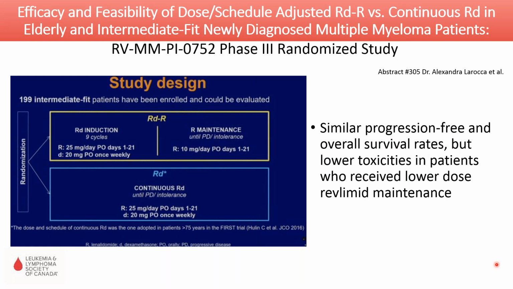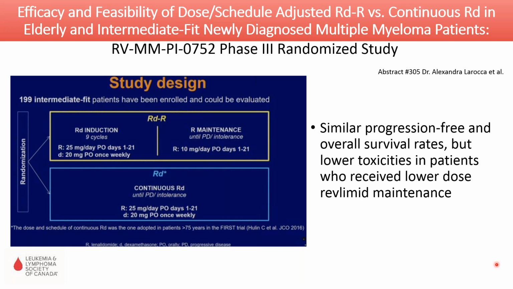And this slide I've just added as more of interest than anything else. Revlimid dexamethasone is a standard induction treatment, but the problem with many multiple myeloma regimens is that you're on this continuously.